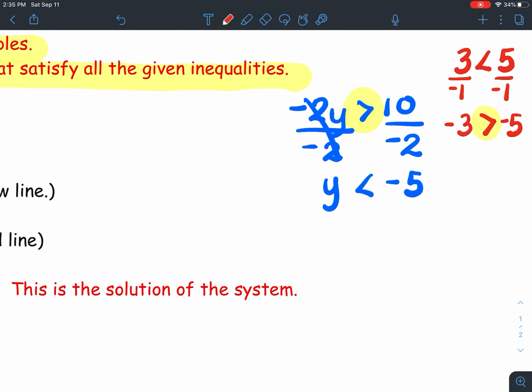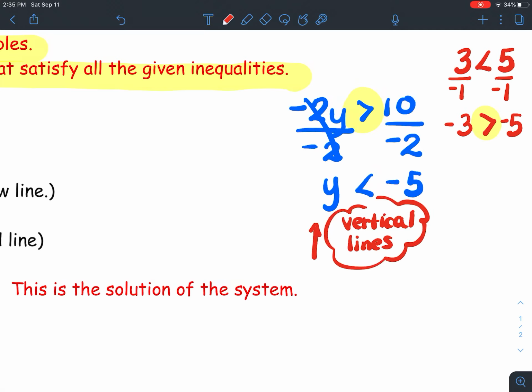The other quick thing I want to review with you is how the equations of vertical lines look as opposed to horizontal lines. The equations of vertical lines are always x equals a number: x equals 5, x equals -2, x equals 7.